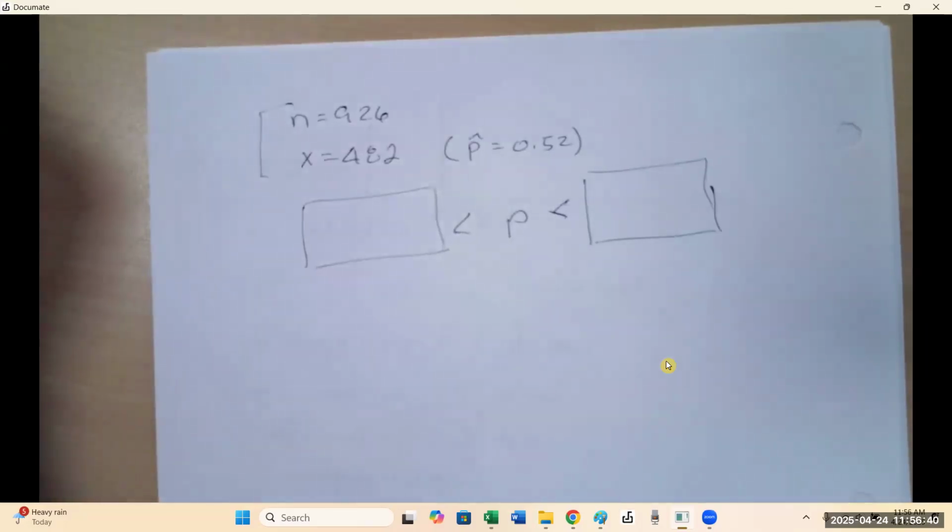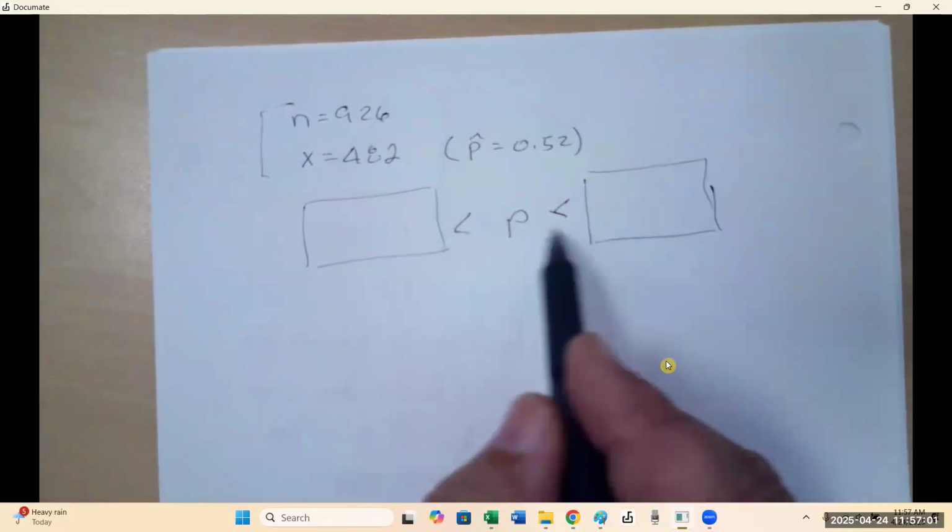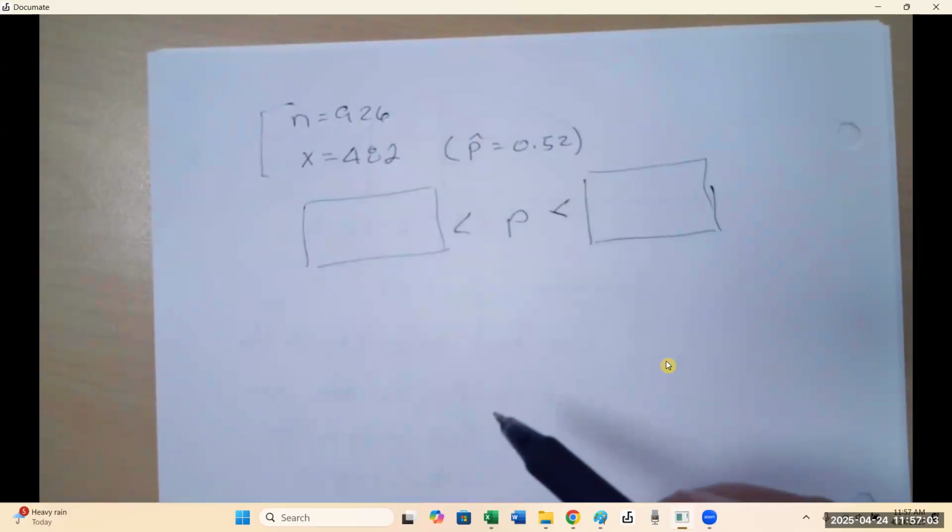Well, actually, it will help define it. That's what it is. Margin of error is how far these are apart. I don't want the value.